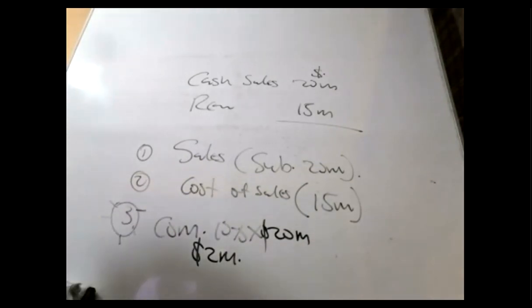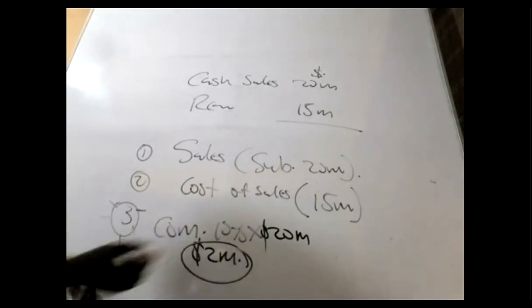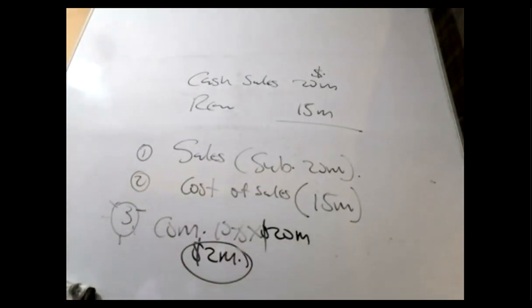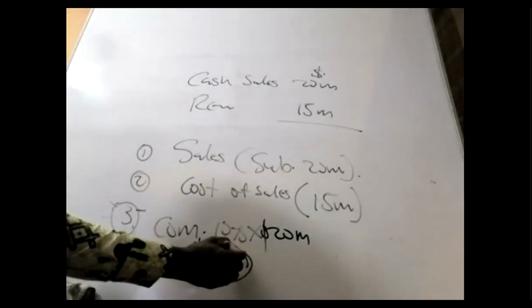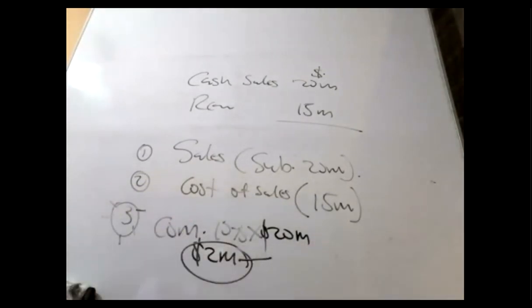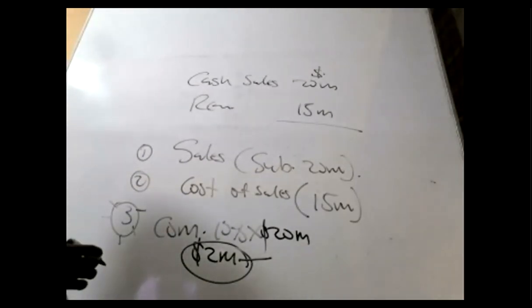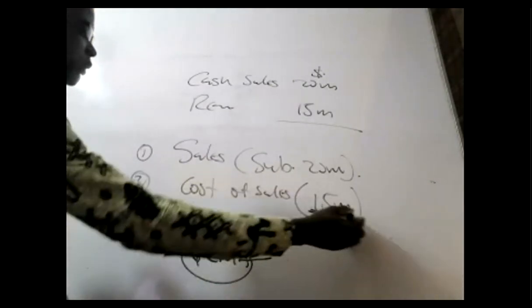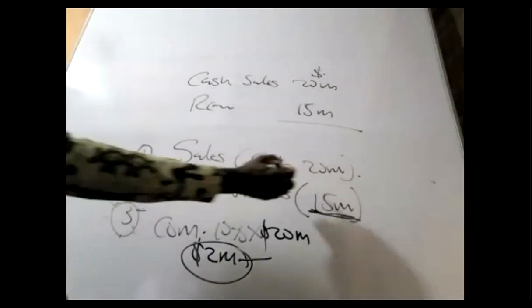What is the treatment? Now this one becomes his income. So add this to the income. If I add this to the income, then it means that it is left with 3 million because he has remitted 15 million. No, the total amount is 20 million.